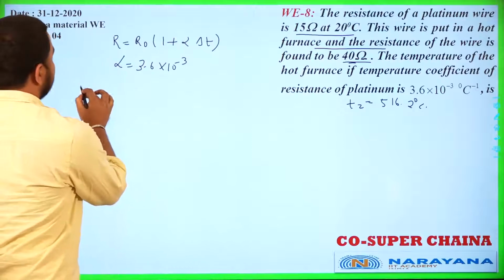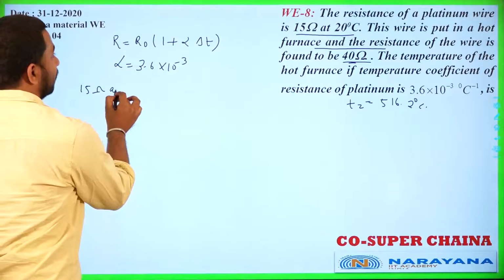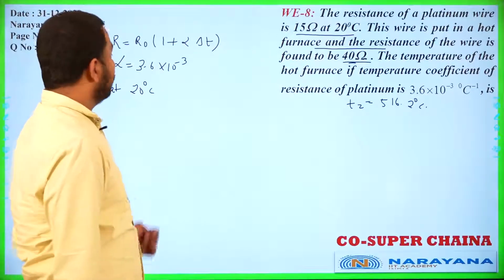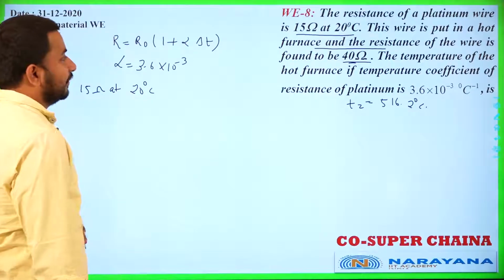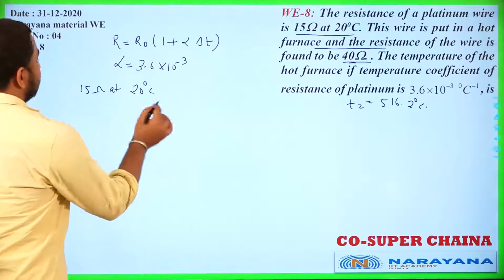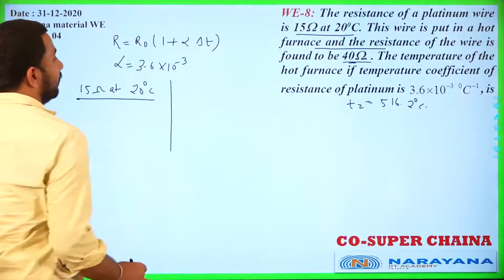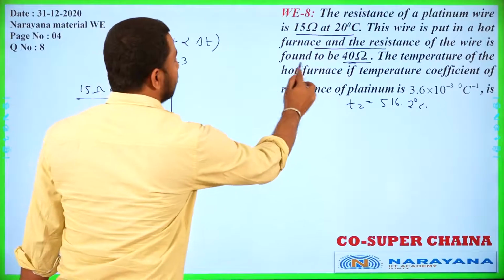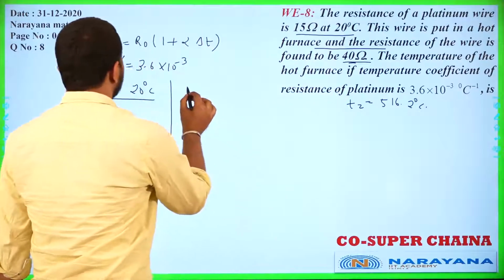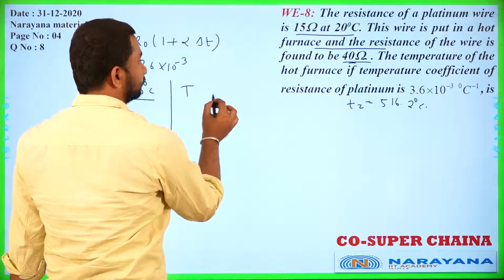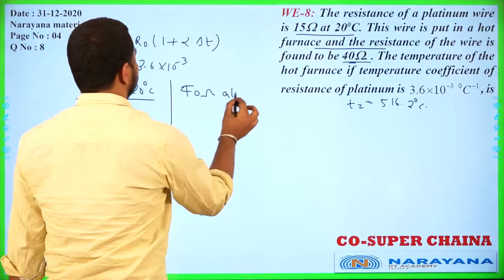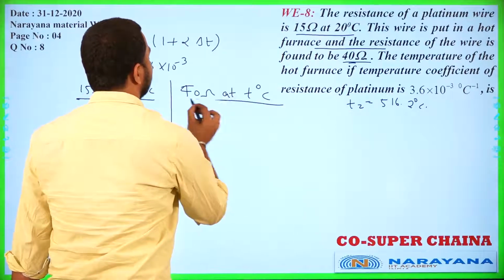So we'll form two equations, 15 ohm at 20 degrees, and 40 ohm at the temperature of the hot furnace, T degrees Celsius, which we have to find.